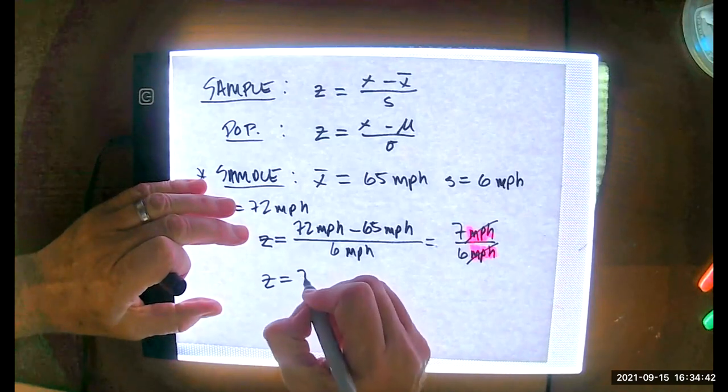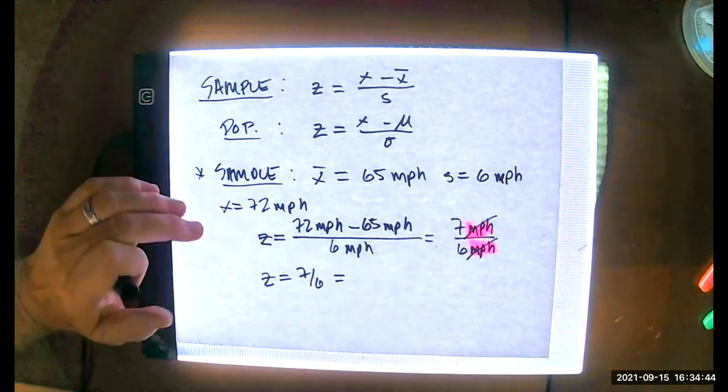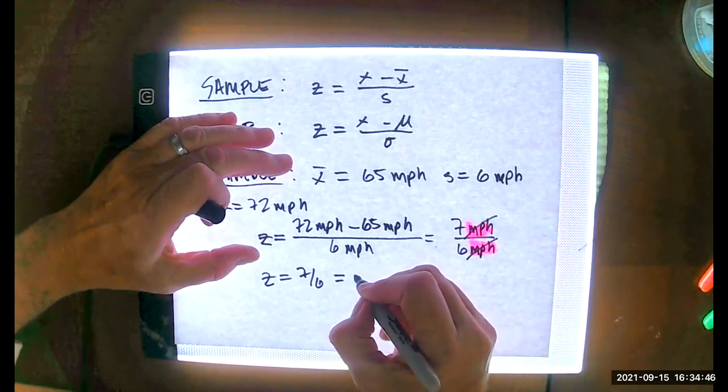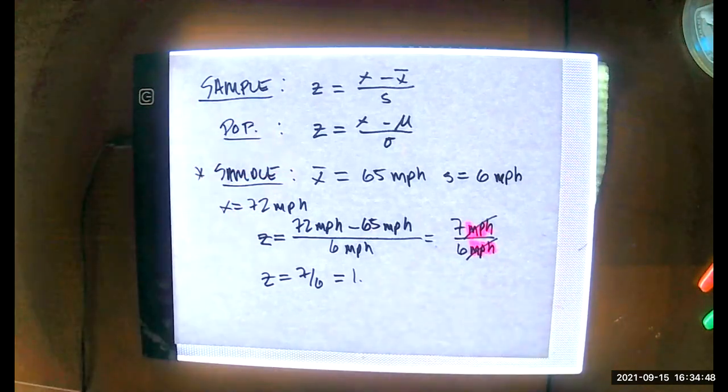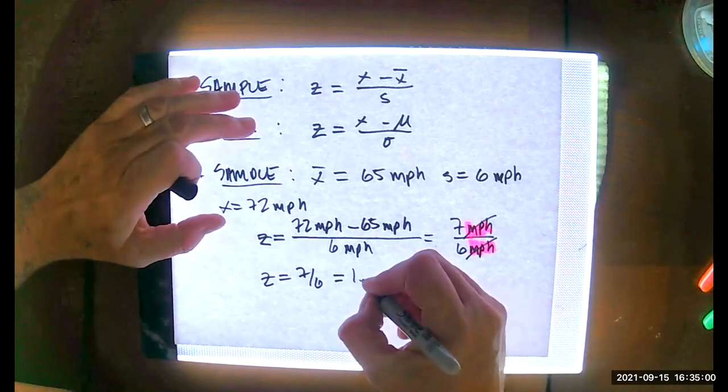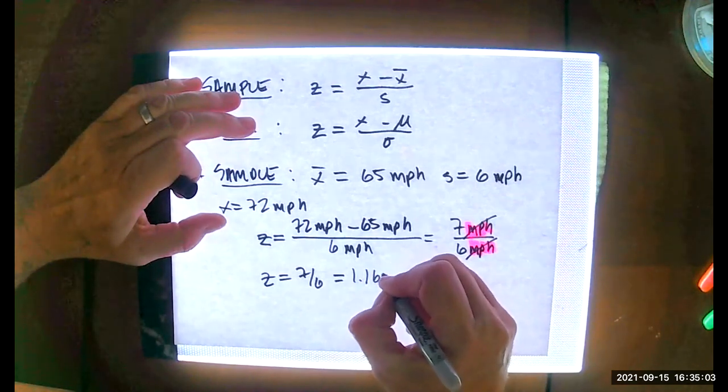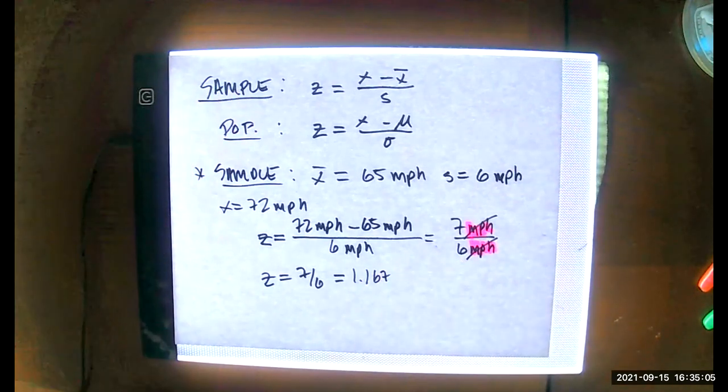So Z is equal to 7 over 6, which is 1 point... and then you'll reach for your calculator. 7 divided by 6. If I round it to 3 decimal places, I get 1.167.